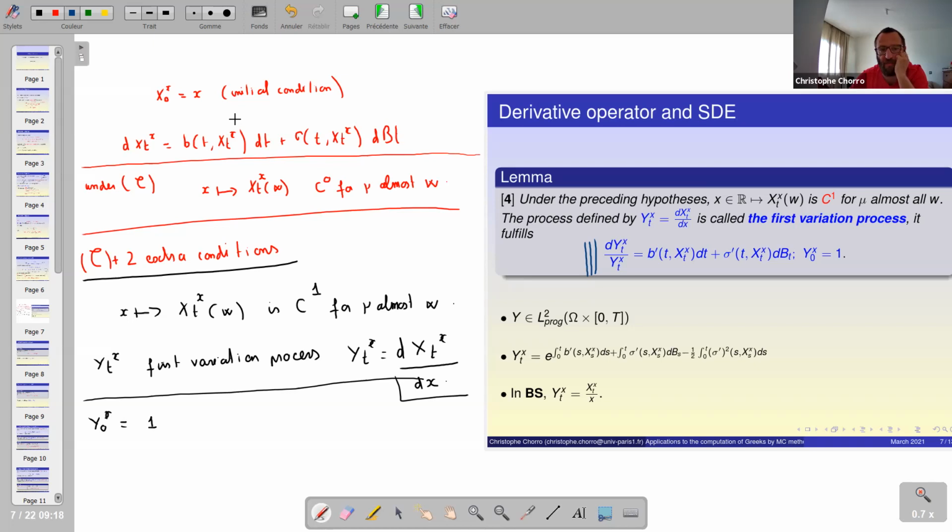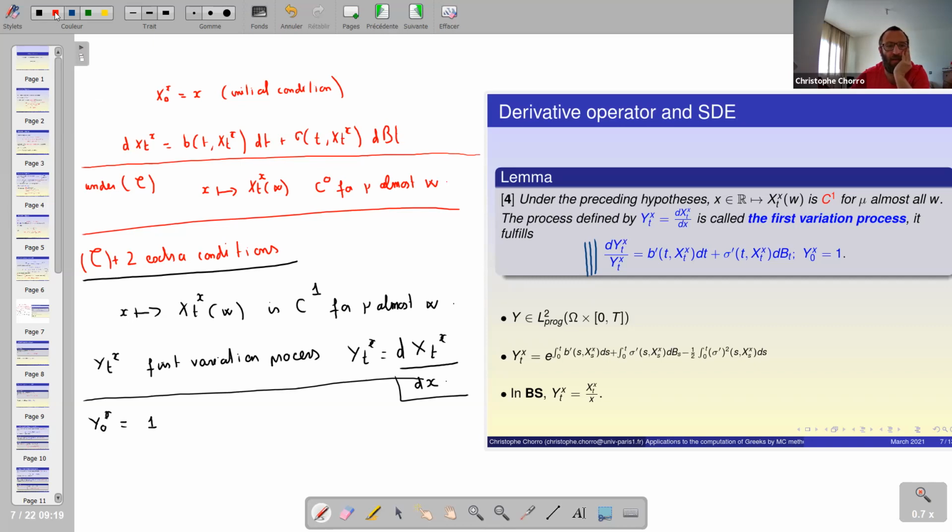If I compute the derivative of this term, I will have, by the chain rule, b prime at the point (t, Xt(x)) multiplied by the derivative of X with respect to small x, that is exactly Y. So that's why I will have b prime multiplied by Y here, and plus the same for the sigma. So it means that this stochastic differential equation here is obtained differentiating this one with respect to x.